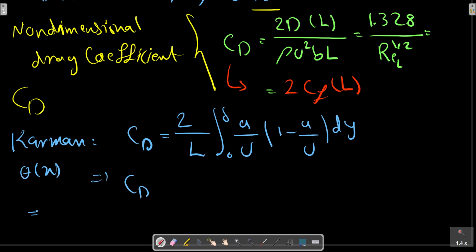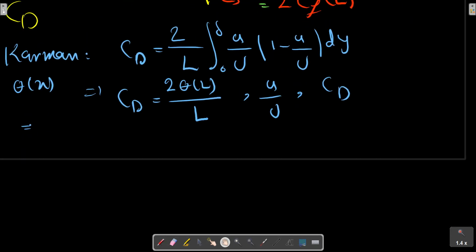In this case, the drag computation of theta from the profile or from CD, the drag, so we can obtain the relation between the momentum thickness and Reynolds.